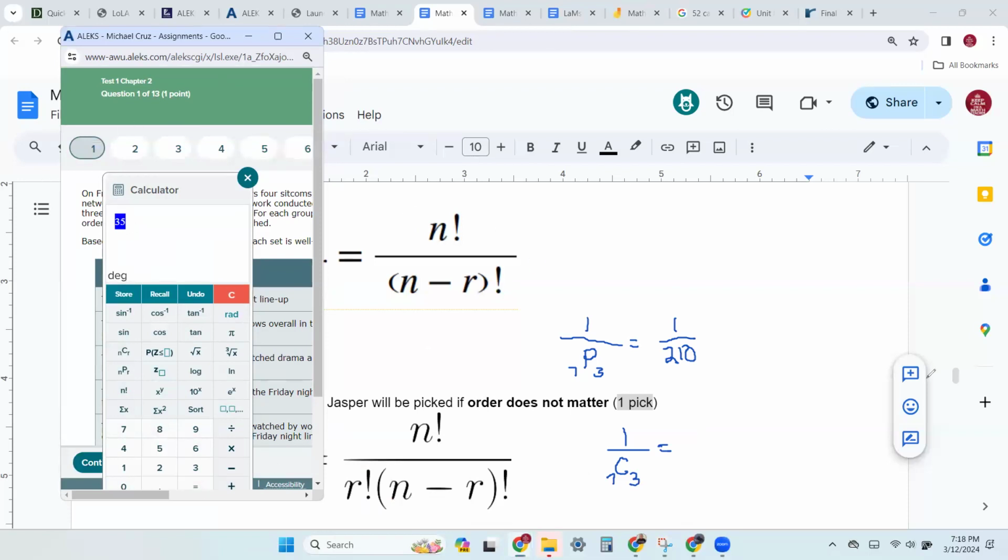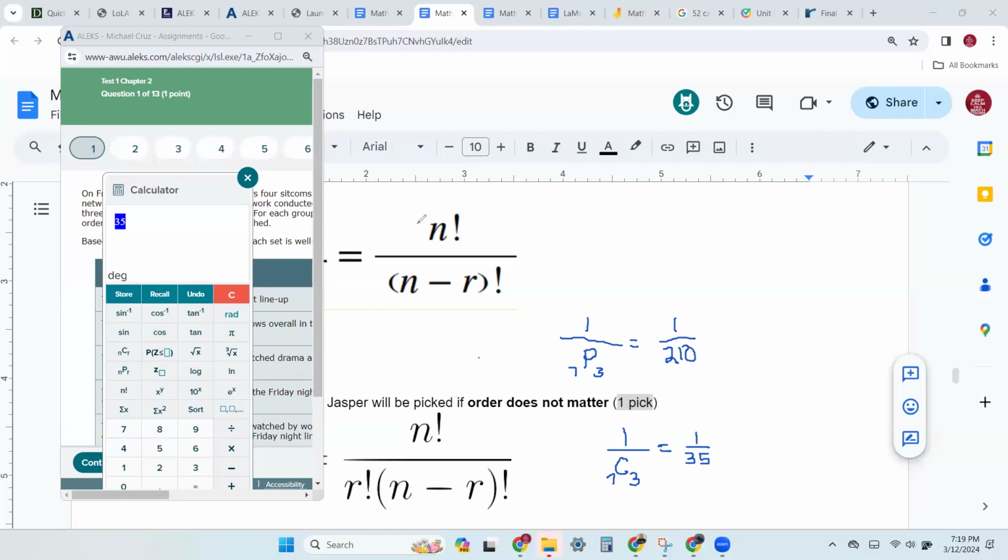So that's 1 over 35. So smaller probability on the permutation one because order is an issue. On this one, it's a larger probability. In other words, 1 out of just 35 because order does not matter.